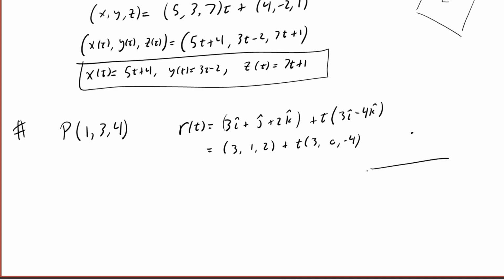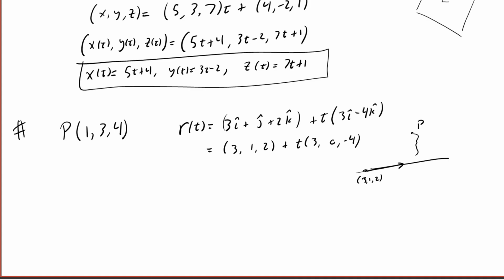We know a point on this line, and we know the direction vector. Right, so this is P. This is going to be (3, 1, 2), that's our point on the line, and then this is our direction vector. Okay, and I'm looking for this distance right here.